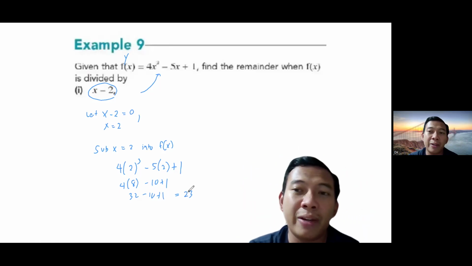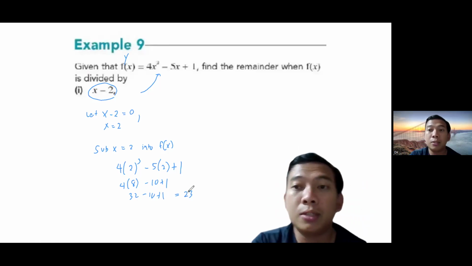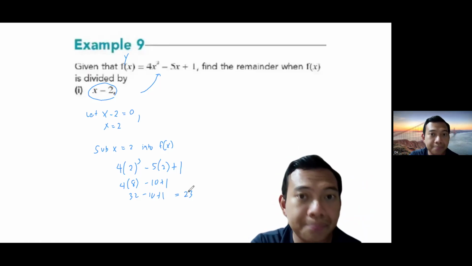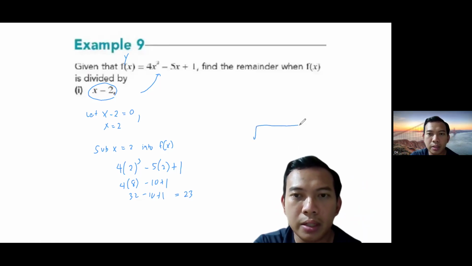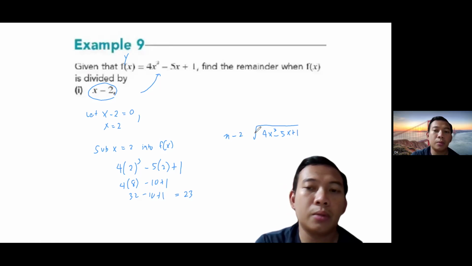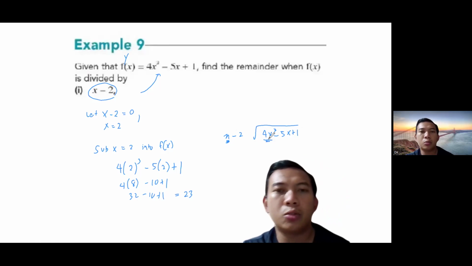So how do you verify that this is correct? Let's try to do the long division and see if we get the same remainder of 23. 4x cubed minus 5x plus 1 divided by x minus 2. We have to eliminate the 4x cubed first.